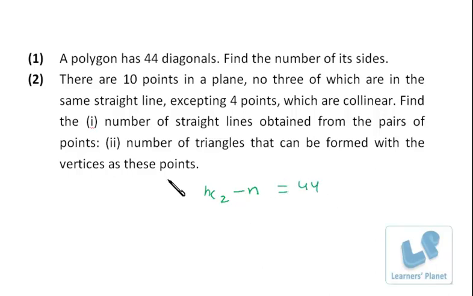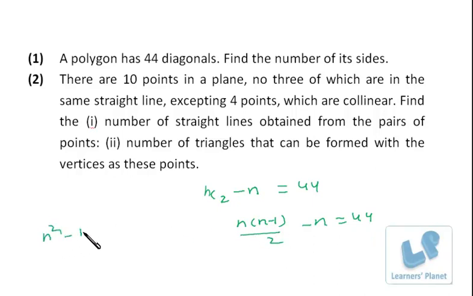Now see, if there are options, you just put the value of n from the options and match it to the right hand side. But here I'm not having options, so I'm just formally solving it. Reduce nC2 by 2 steps, that is n(n minus 1) by 2 minus n is 44. So let's solve this quadratic equation.